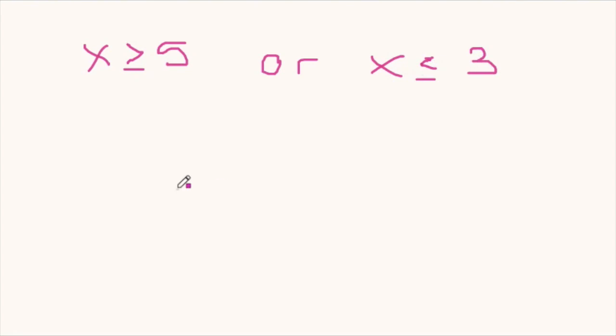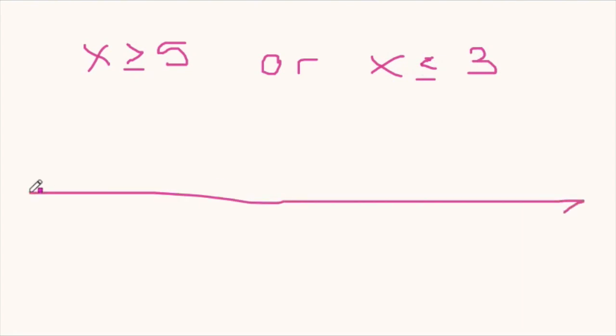Let's say x is greater than or equal to 5, or x is less than or equal to 3. We start by putting in the number line and finding the numbers.